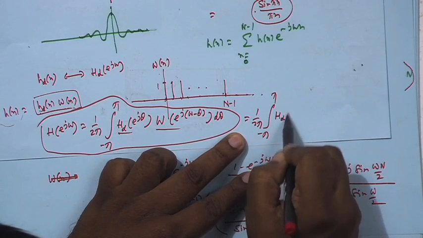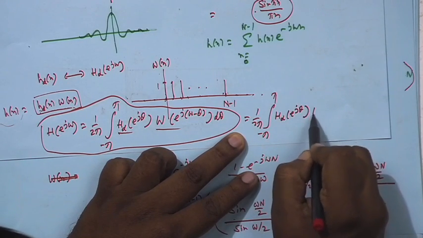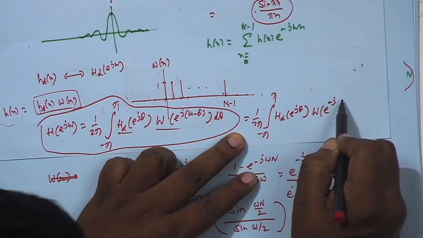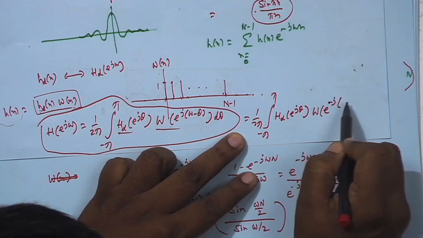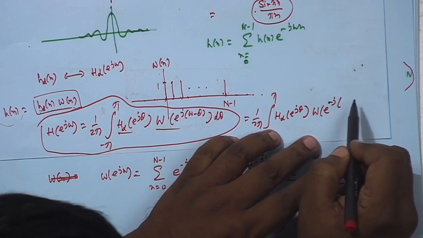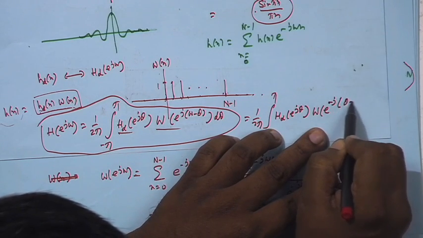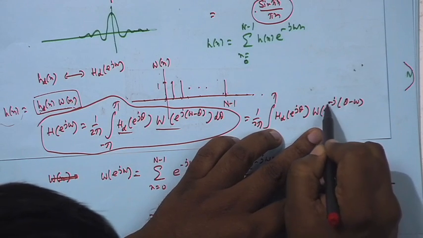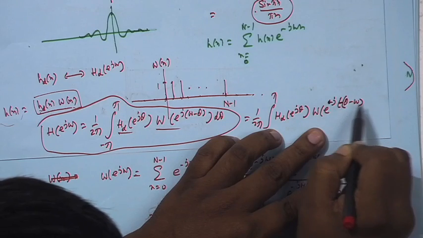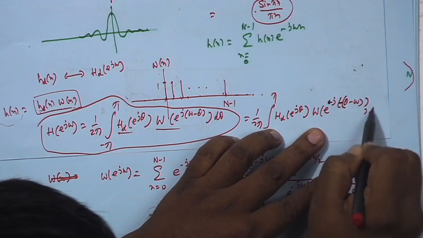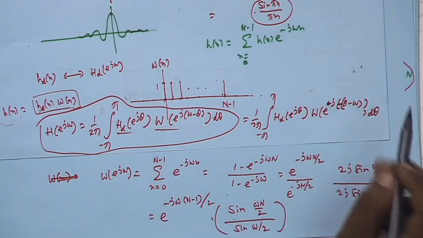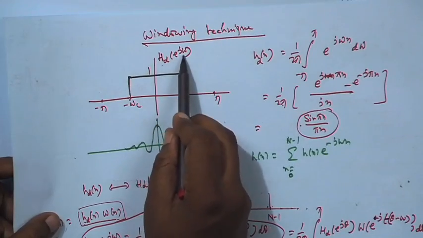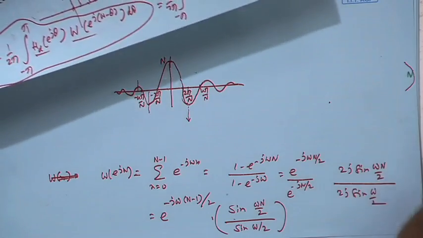So, H d e to the power j theta times W e to the power minus within bracket theta minus omega. What does it mean? How to convolve? H d e to the power j theta, this function you write as a function of theta.